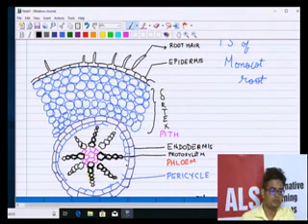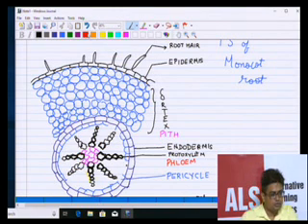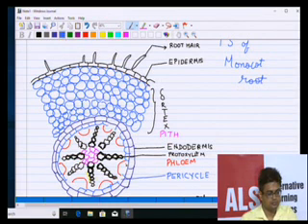Okay, this is the xylem. Again, the same story. Metaxylem, protoxylem, same thing. Okay. Next, let me draw the phloem. Phloem is like this. 1, 2, 3, 4, 5, 6, 7 and 8. Like this.